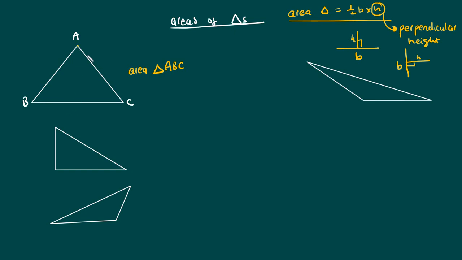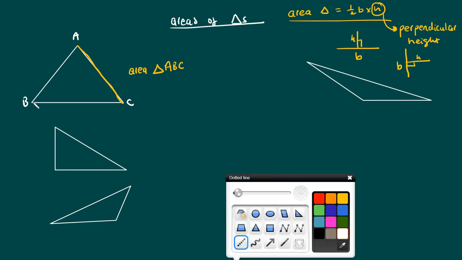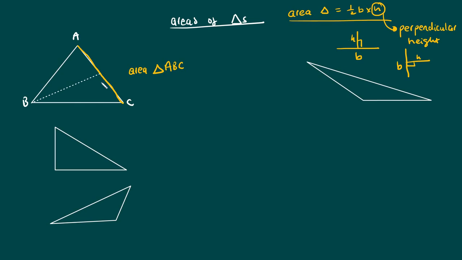Look at AC, right? AC can be my base, but what makes it a base? It's because I would have a perpendicular height here. That's why I would call AC my base. So it means if I don't have a perpendicular height on AC, AC cannot be my base.